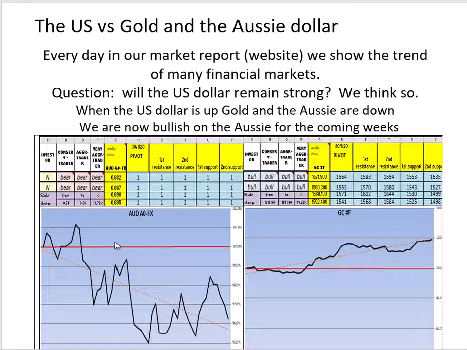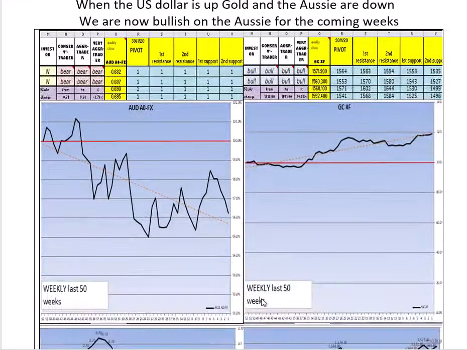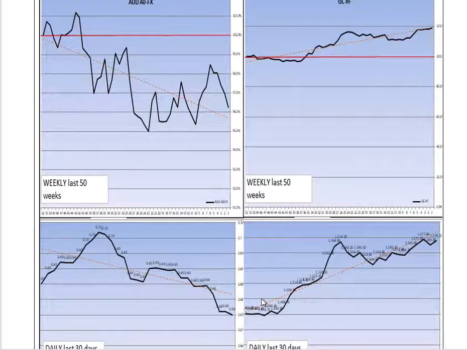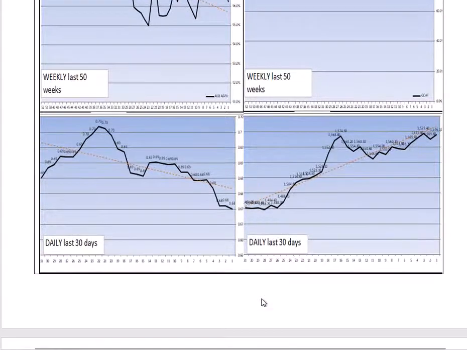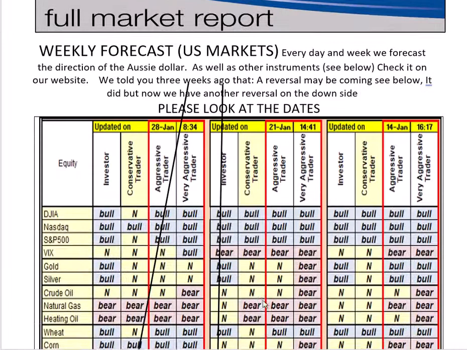By the way, we usually promote that the Australian dollar works in negative correlation to gold. Gold goes up, and usually the US dollar has an effect on it as well. So it's very important to compare what's happening to the Australian dollar versus gold.